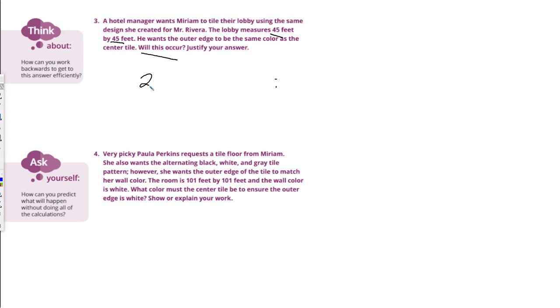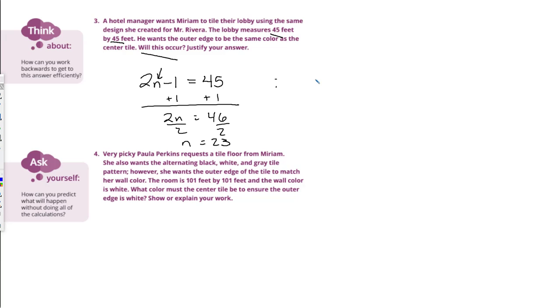So 2n minus 1 is going to give me my side length. So if I add 1 to both sides, 2n is equal to 46. Divide by 2 gives me n is equal to 23. And so we're the 23rd number in the pattern.